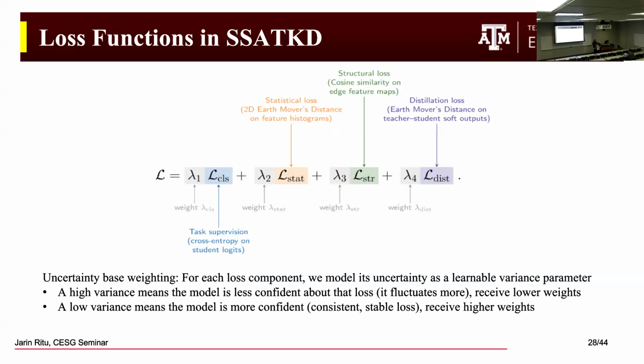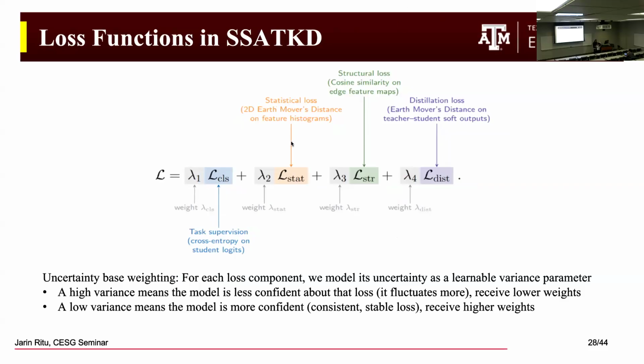So we have four losses, and for each loss term we have a weight. We can assign the weights manually, or we can train the weights during the optimization process. Here we are training the weights based on uncertainty-based weighting.